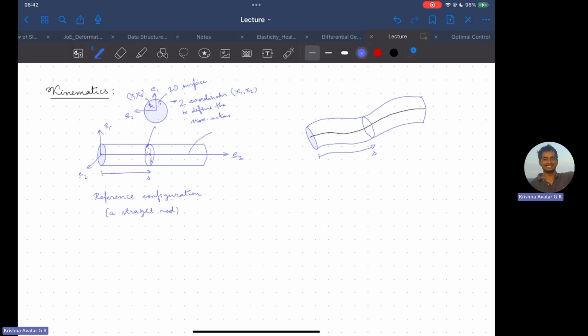So this center line, before we were just looking at the deformation.